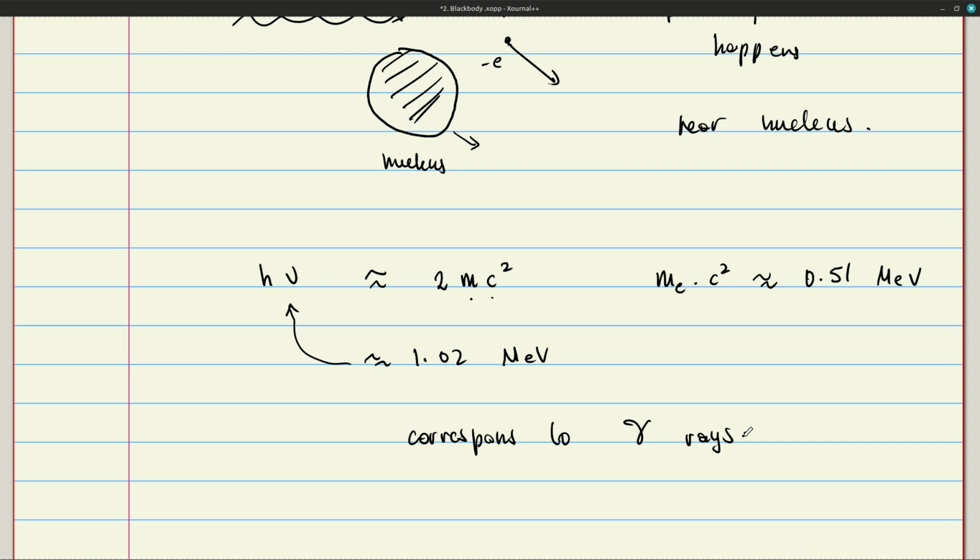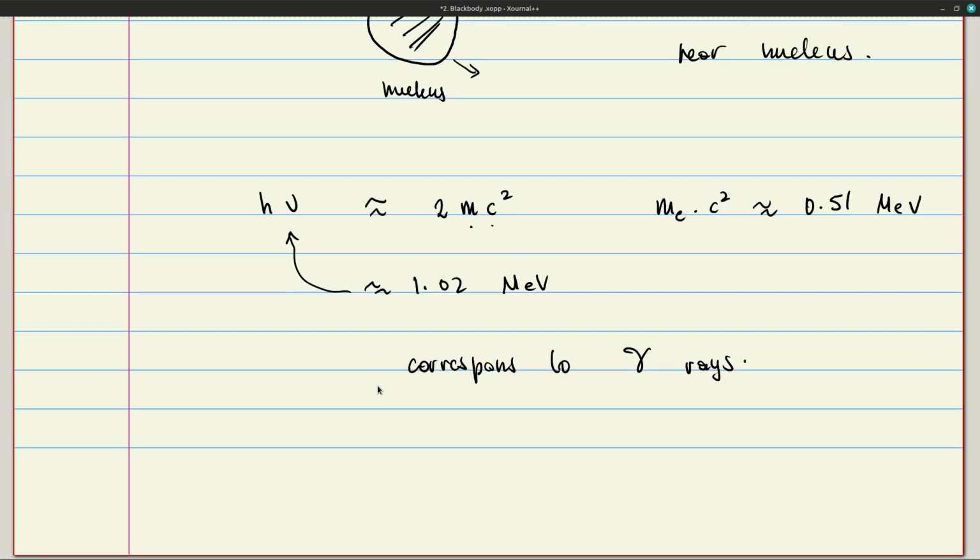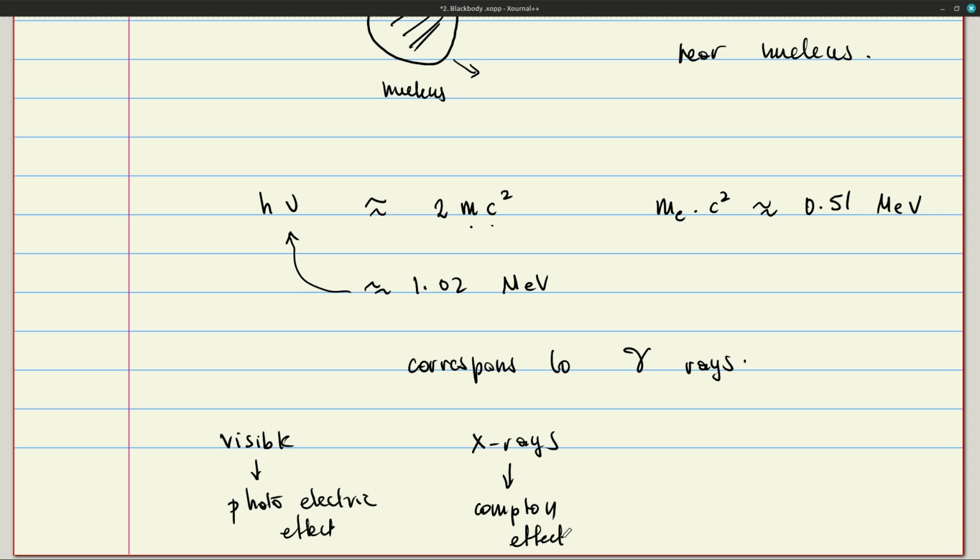Okay. So now, if you remember, the electromagnetic spectrum is gigantic. We started with what we know, which was the visible, and in the visible we had the photoelectric effect, and higher in energy we had X-rays, and for the X-rays we had the Compton effect, right?